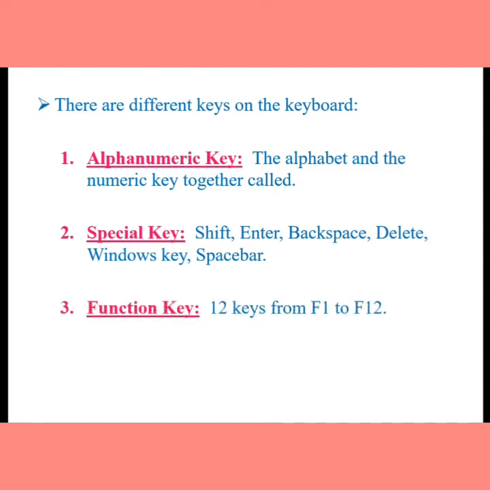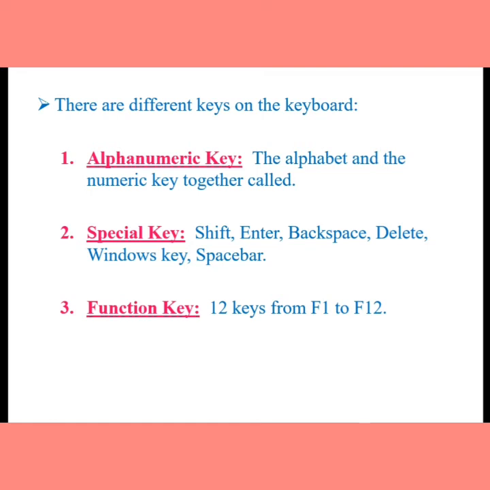Now, the next is the function key. Our keyboard has 12 function keys from F1 to F12, and all the keys have different uses. In the last chapter, I explained the use of F2. What is the use of F2? The F2 key is used to rename a file or folder.